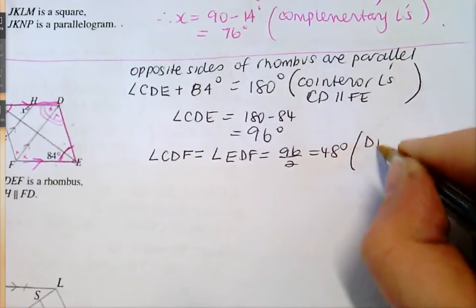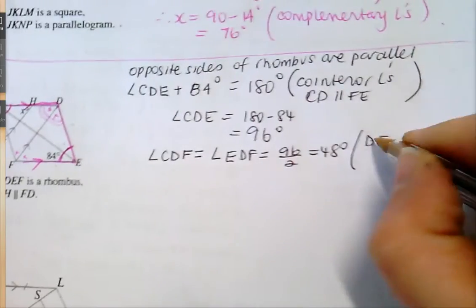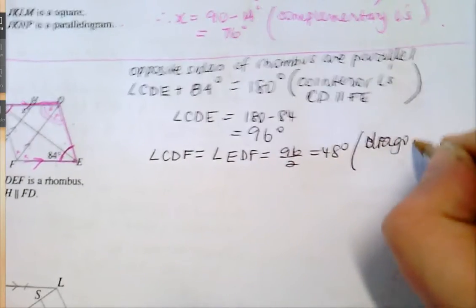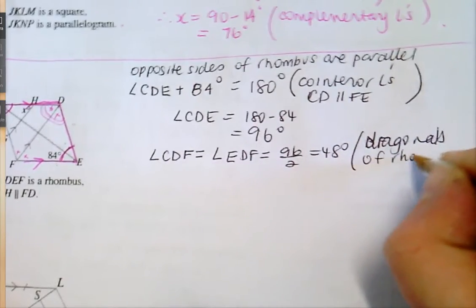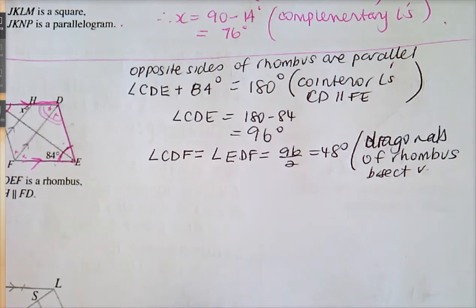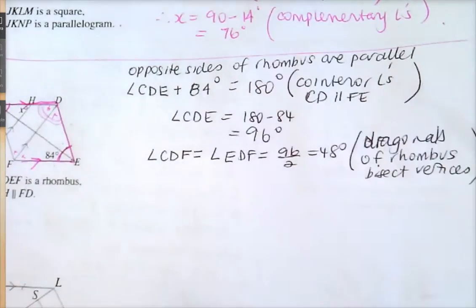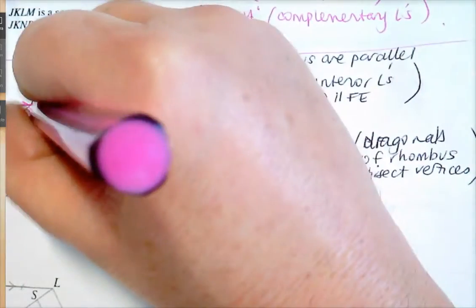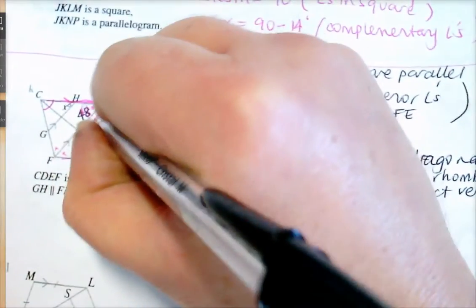Reason, diagonals of rhombus bisect the angles, bisect the vertices. So each of these two angles is 48. Sorry, you can't see that very well. That's 48 and that's 48.